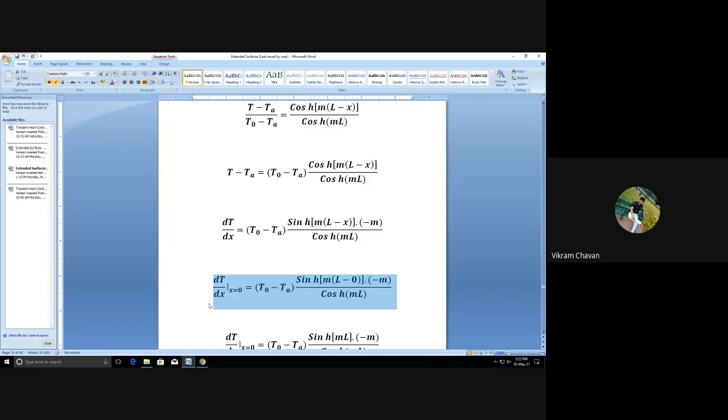So dT divided by dx at x equal to 0 will be equal to (T naught minus T_a) multiply by sinh of m(L minus 0) multiply by minus m, whole divided by cosh of mL.